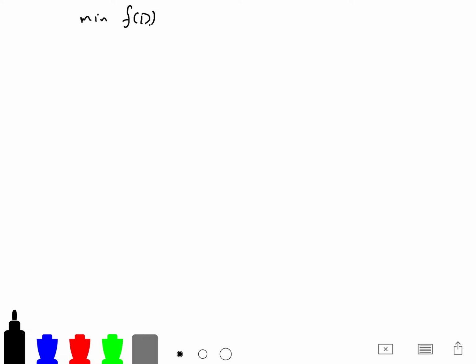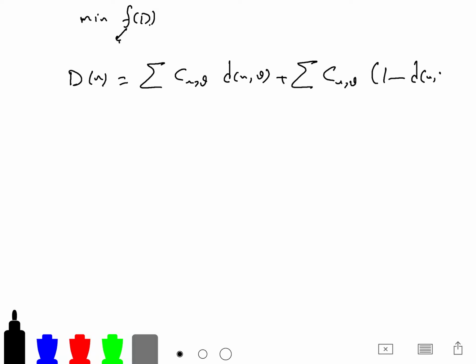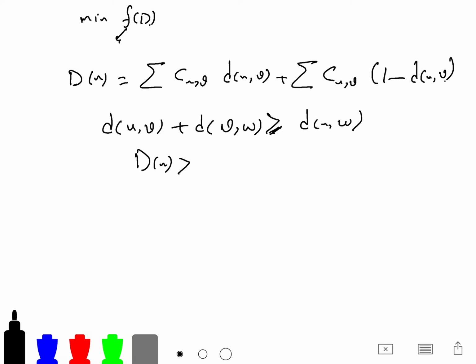So we want to minimize f of d, and f is maximum, and d for any vertex u is just the sum over v of c u v times d u v, plus c u v times 1 minus d u v. And subject to, we have seen this several times, we use the triangle inequality, so it's one of our constraints. We want it to look like a metric, and it is a metric. d of u greater than 0, d of u and v is between 0 and 1.